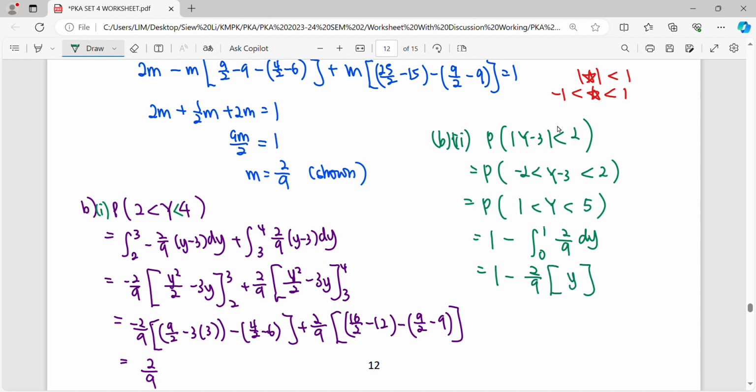Integrate constant, we get 1y. Then substitute upper limit 1 minus lower limit. Then you can get 7 over 9.